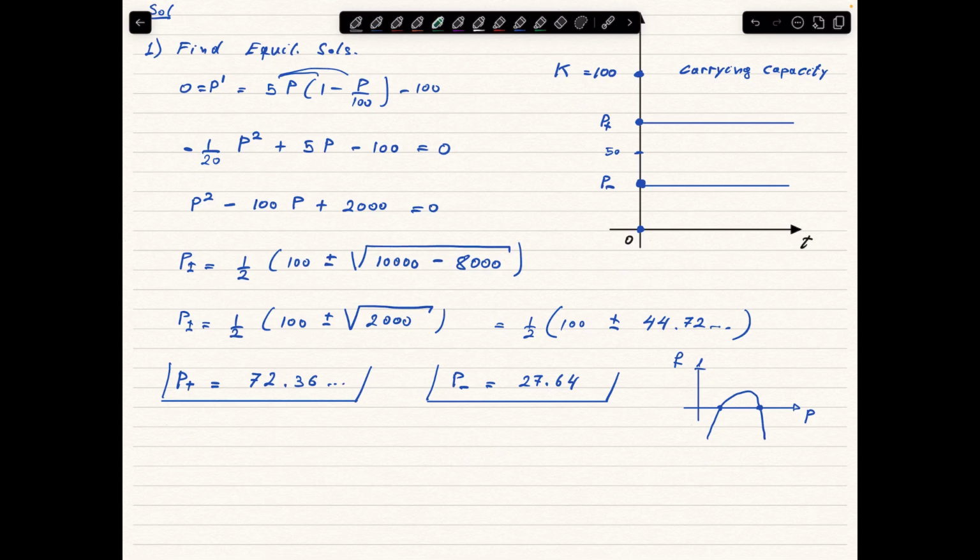So our intervals are decreasing, increasing, decreasing. And recall, this is p minus that we just computed, and this is p plus.